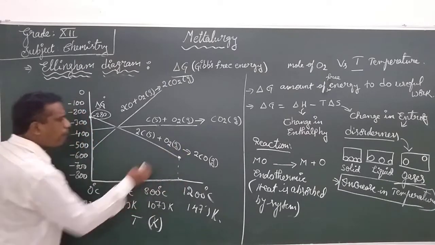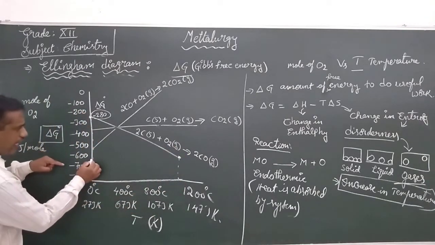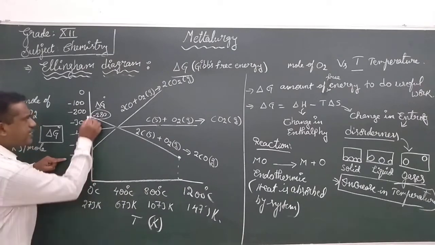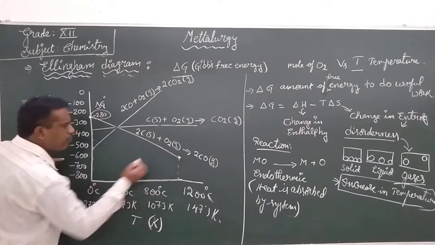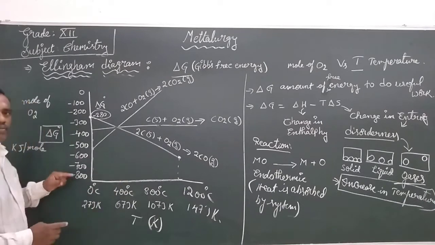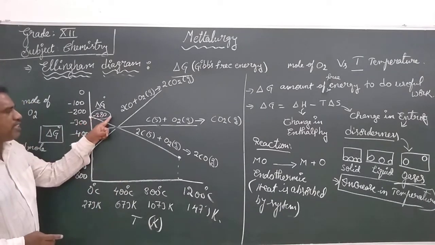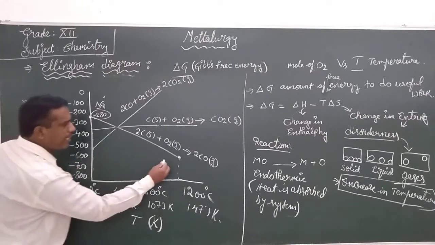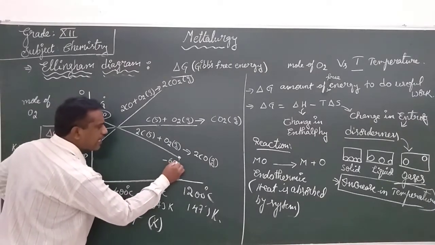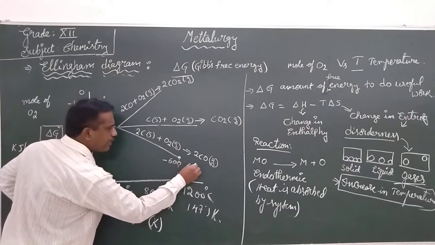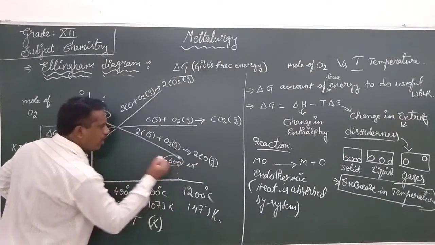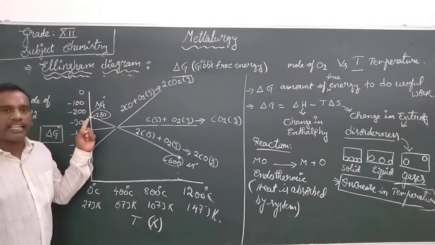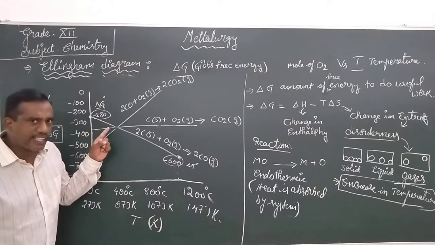Is the Gibbs free energy decreasing more at the end of the line? Here it is minus 280. When you refer to the line, here it may be minus 600 delta G naught. This means in the starting of the reaction, its Gibbs free energy is negative.